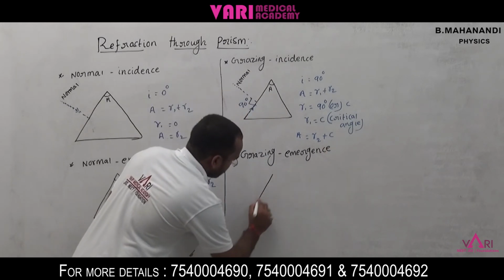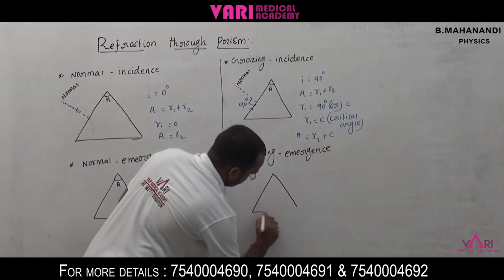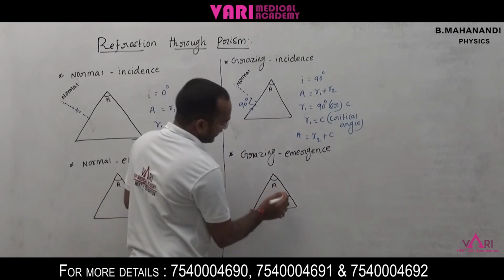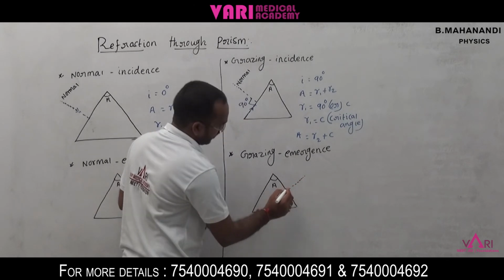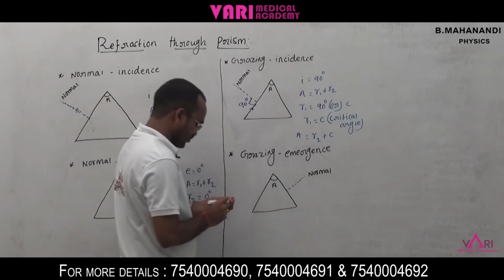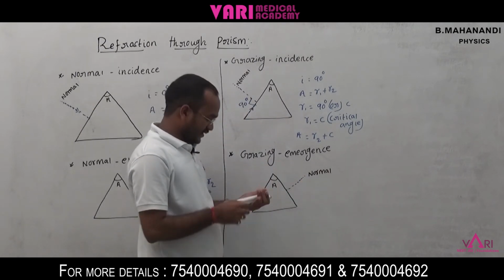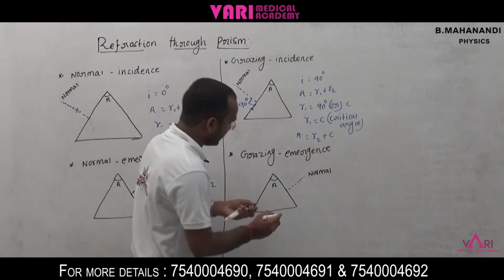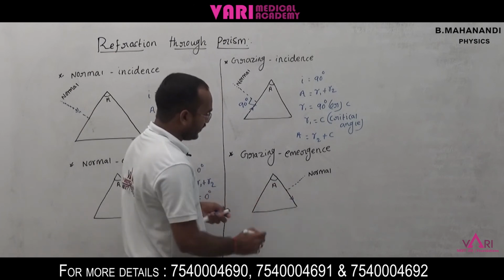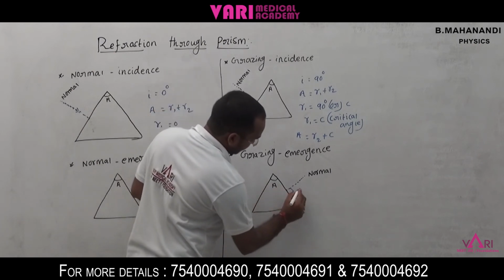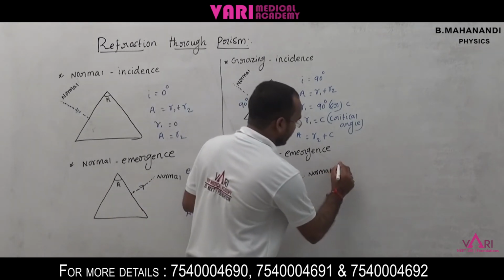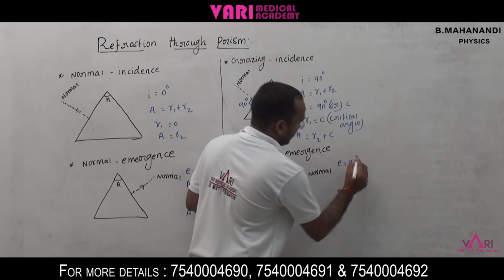One of the prisms, an equilateral triangular prism with prism angle A. The second surface is perpendicular to the normal. Now the emergent ray is grazing, so the angle between the normal and the emergent ray, the emergent angle, is 90 degrees.